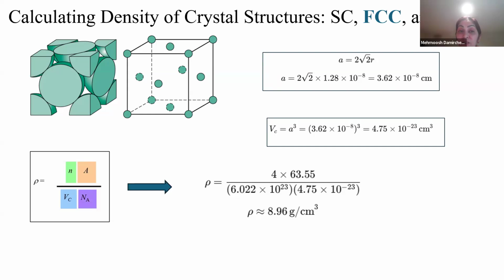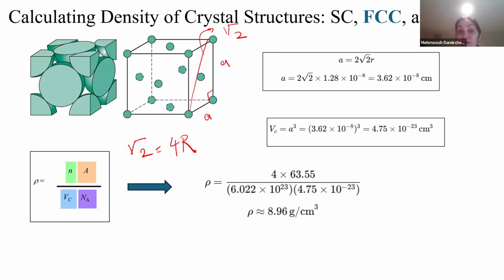Now we should focus on the more packed directions. If you look at that, the diagonal at each surface will be the more packed direction. If the edge is A and it is a right angle triangle, the diagonal should be root 2 A, and if there is no free space here, it should be 4R.